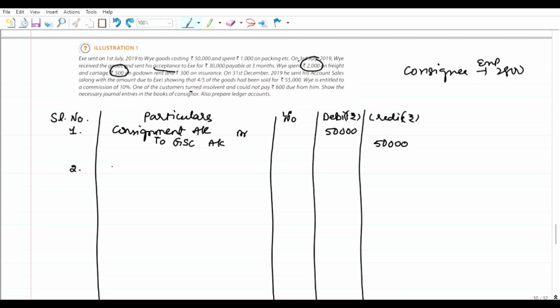For which we write the entry: bills receivable account debit to consignee account, for rupees 30,000.